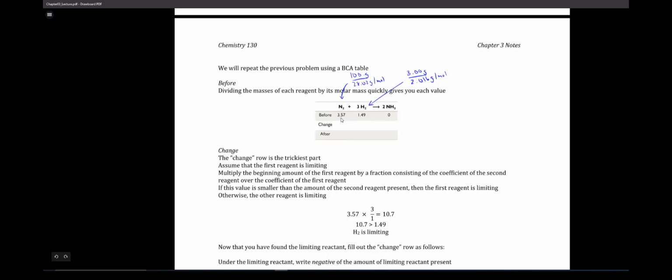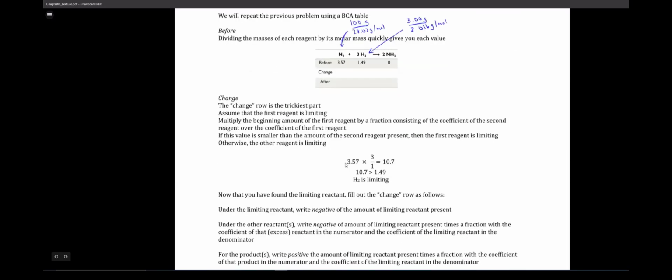If this is the limiting reactant, you lose all of it, always. So let's just assume, because you've got a 50-50 guess, that the nitrogen is the limiting reactant. What we do is we say, okay, 3.57 times 1 over 3 times 3 over 1.